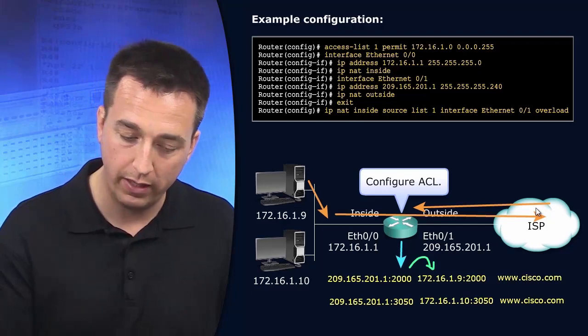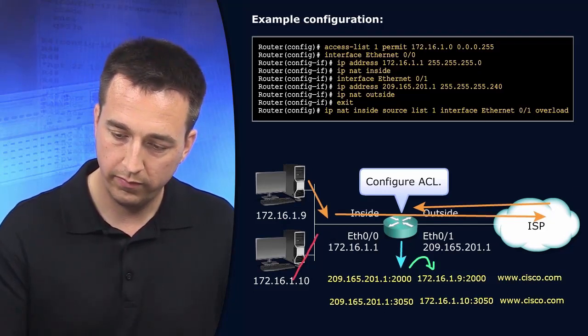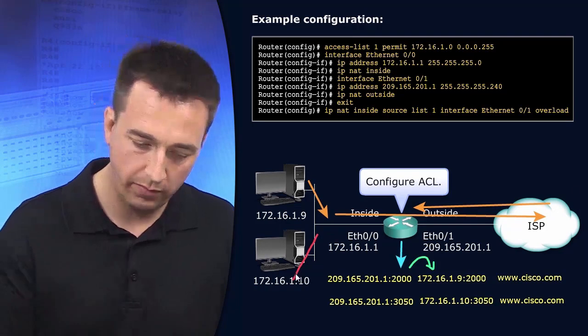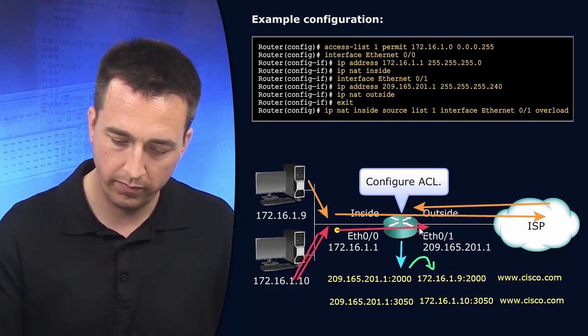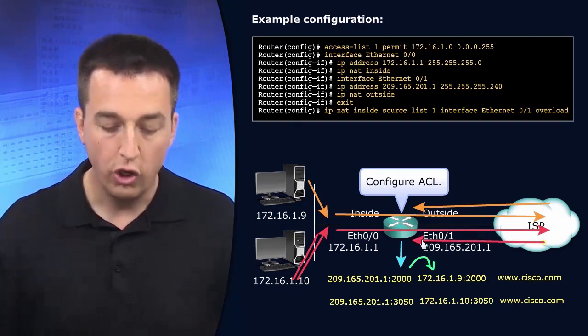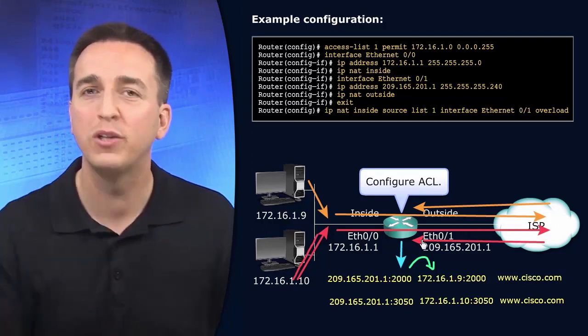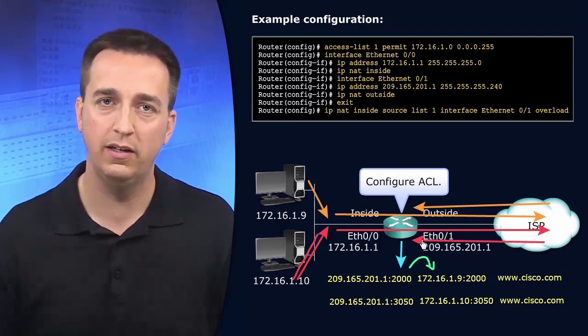And if it's the traffic coming from this PC right here, when that traffic returns, the destination address is 209.165.201.1. So it's the same public IP address, but the port number is 3050.